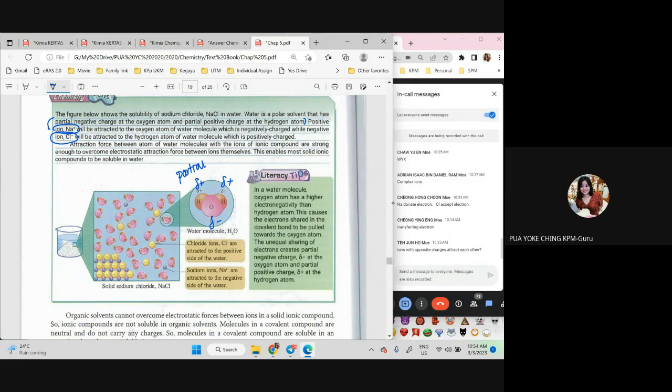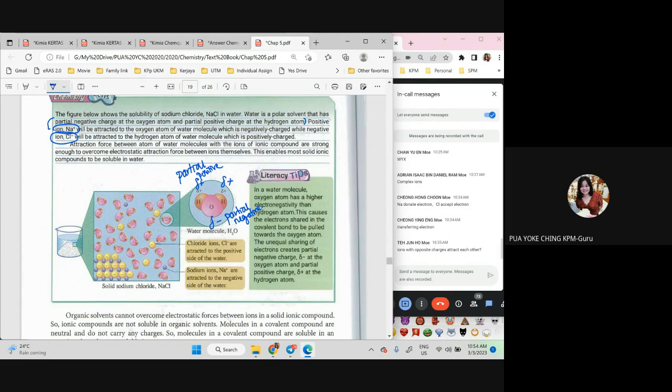Ini actually kalau dulu cikgu belajar apabila saya dah masuk universiti. Tapi tak boleh banding dengan saya lah sebab I don't have form 6. Okay?